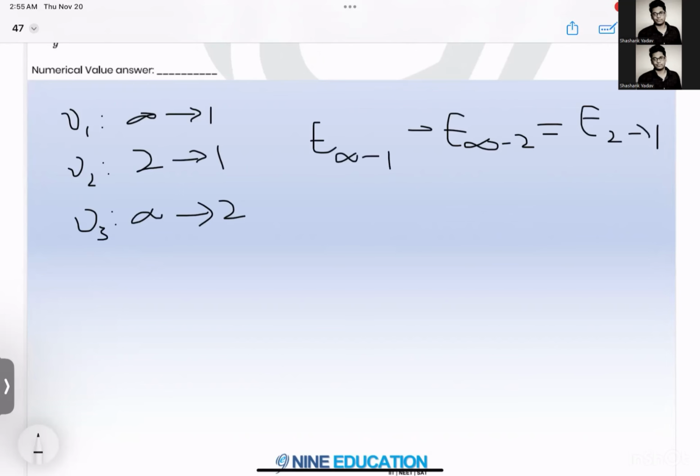Therefore, we can say nu1 minus nu3 is equal to nu2. That means nu1 minus nu2 is equal to nu3. That means y value here is 1. Therefore, the answer is 1.